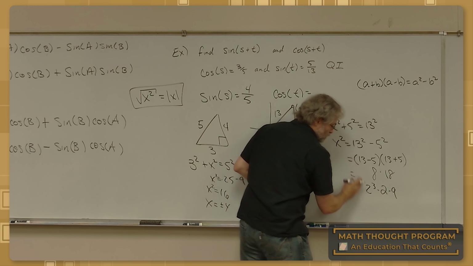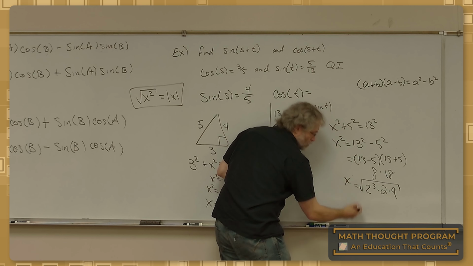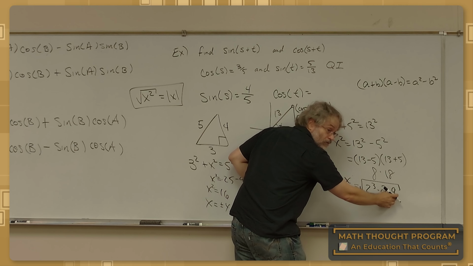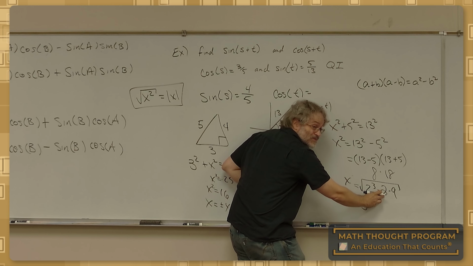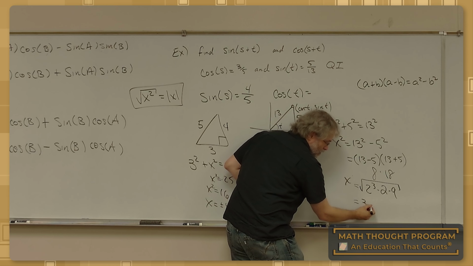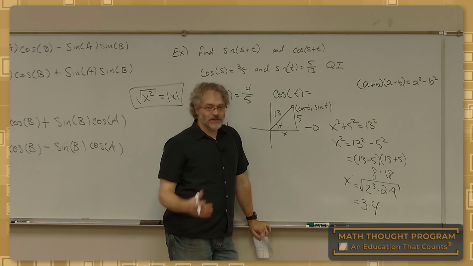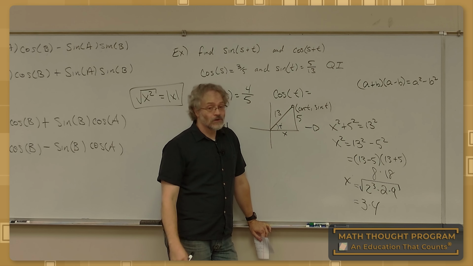If you take the square root here, the square root of 9 is going to be 3. 8 times 2 is 16. That's 4. So you could use the difference of squares identity to crank this thing out if you need to.